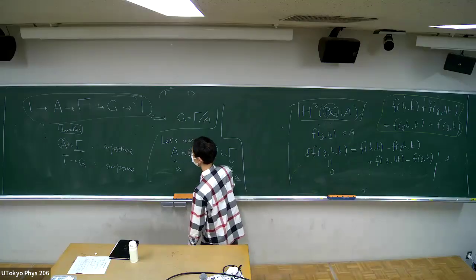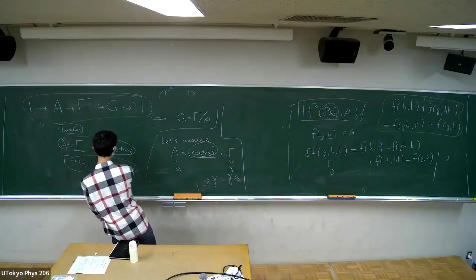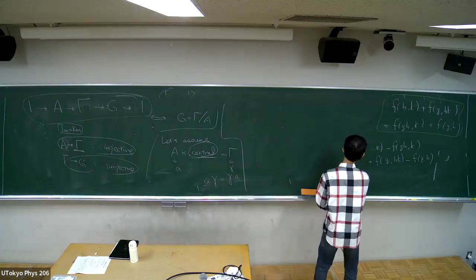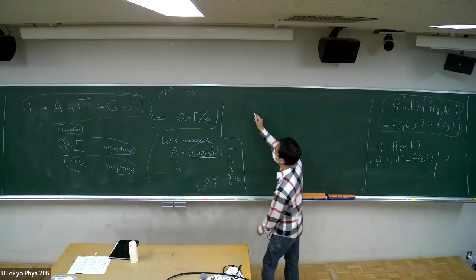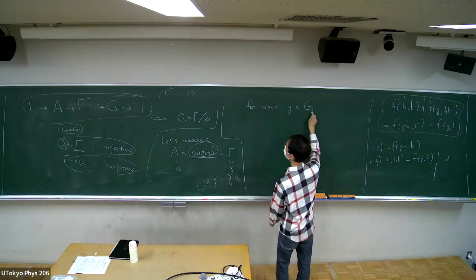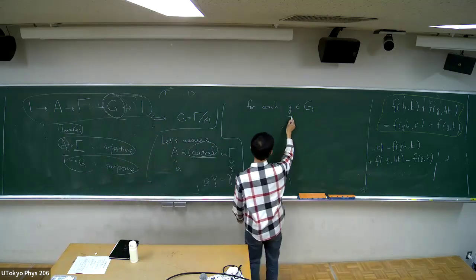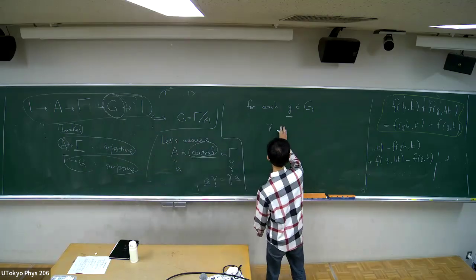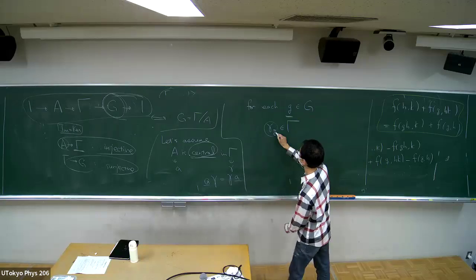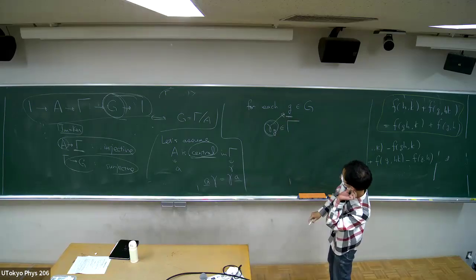So in this case, because this is injective and this is surjective, for each g in G, so we pick an element from the quotient, we pick an element gamma_g in gamma such that gamma_g is mapped to g, right?